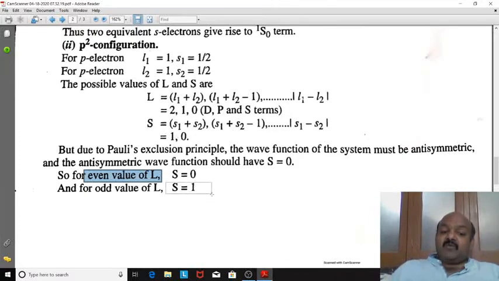So S value 1 will be for odd values of L. For even values of L, S value will be 0. For odd values of L, S value will be 1. It is due to the asymmetric nature of the wave function.